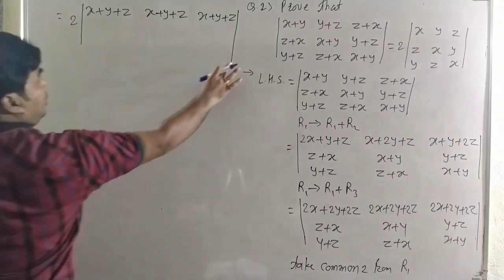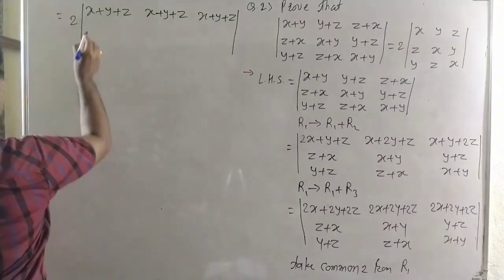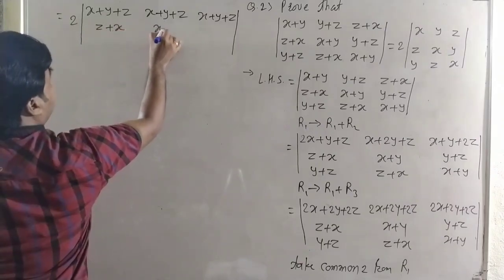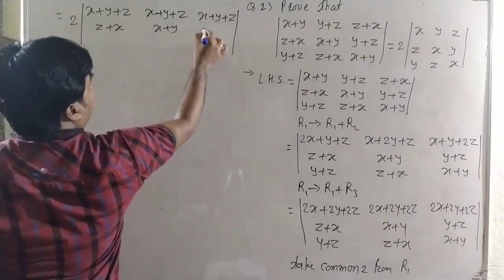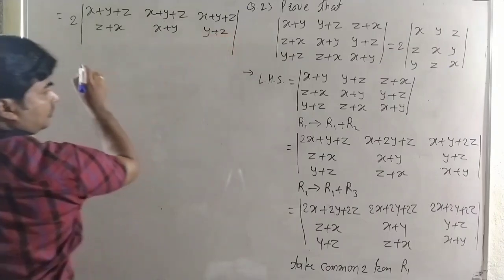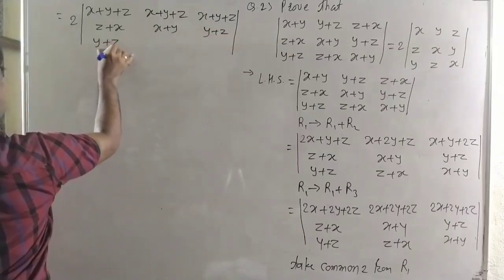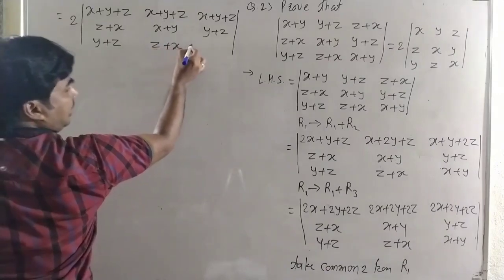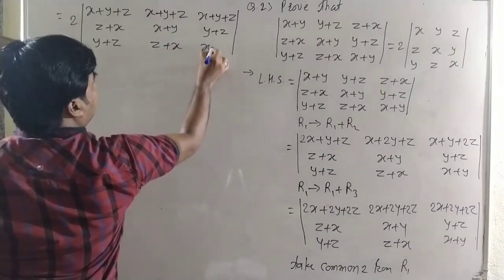And row 2 and row 3 as it is. Z plus x, x plus y, and y plus z. Y plus z, z plus x, and x plus y.